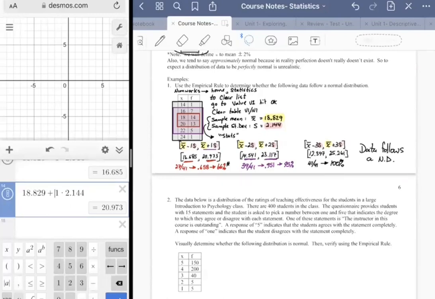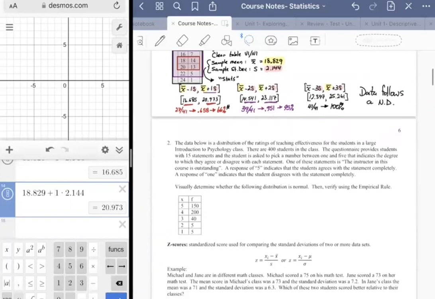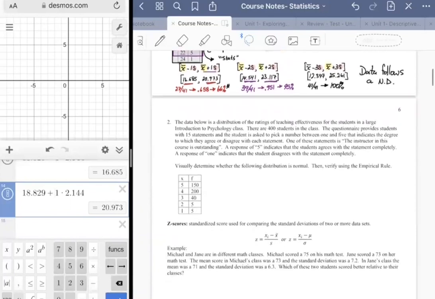So the smallest X value should have the smallest frequency value. The largest X value should also have one of those smaller frequency values. If it's not symmetric, I would not think that it's a normal distribution. And first off, the X values are in reverse order. So kind of like a little trick question here, but the calculators aren't going to fall for it. So it's fine.